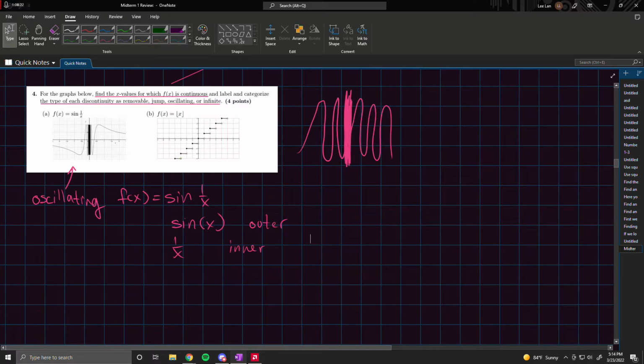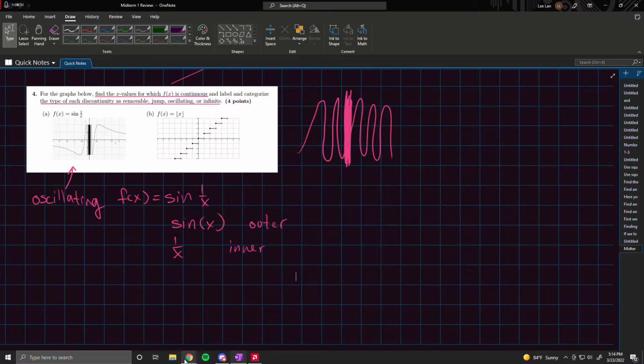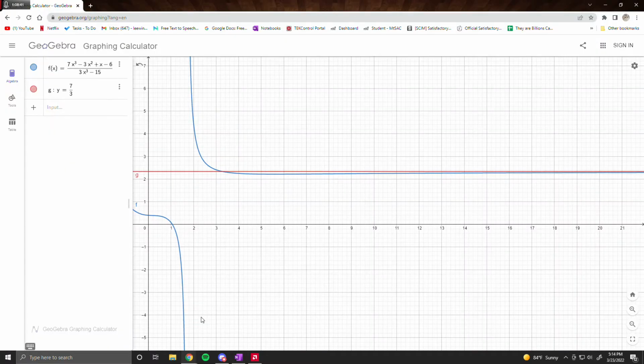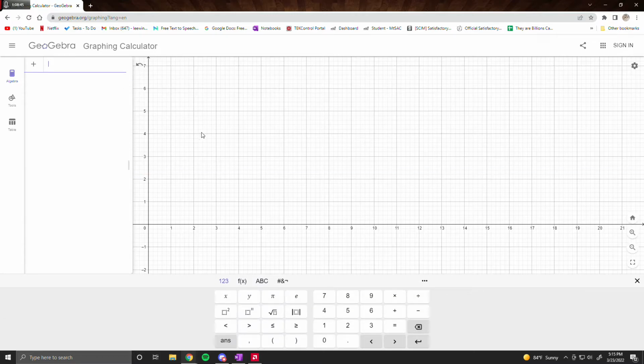I analyze what 1 over x is doing, and what sine is doing, and then take the output of the inner function and plug it into the outer function and see what that looks like. On a test you won't be able to use a graphing calculator, but just for future reference.